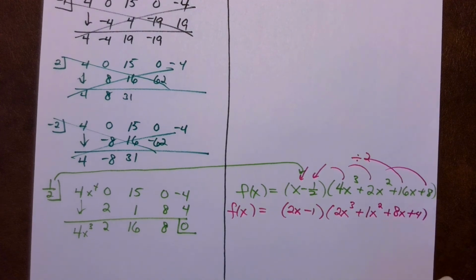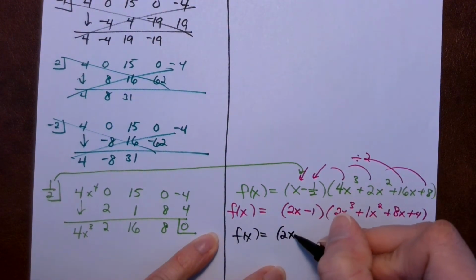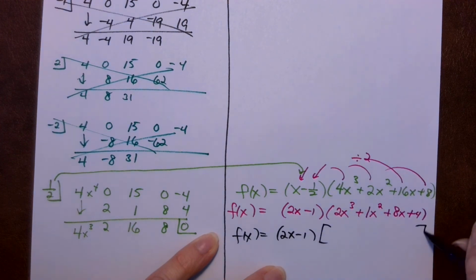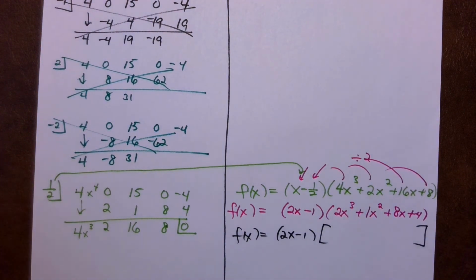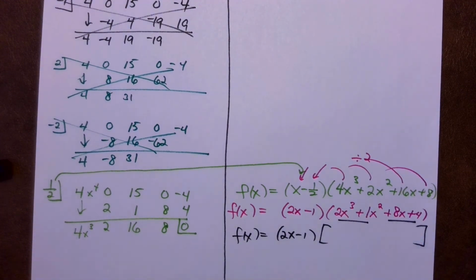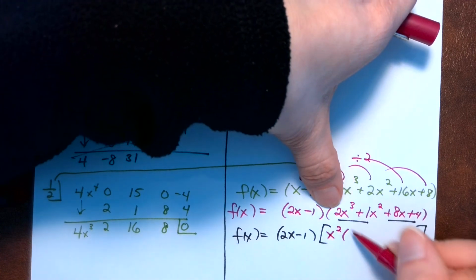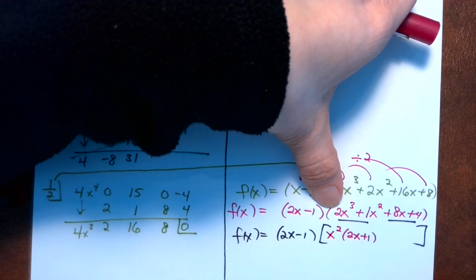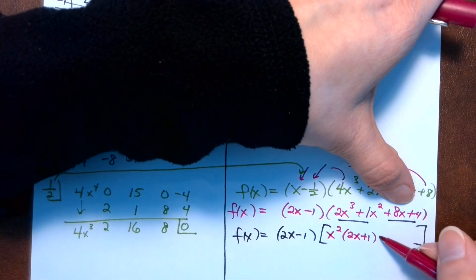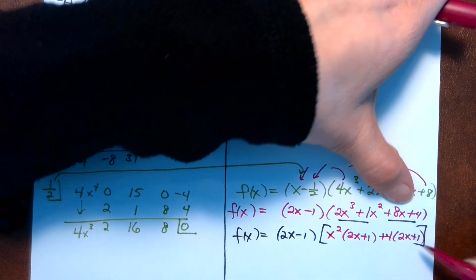All right, we should always try to stop and see if we can factor. I'm going to put some brackets here. From the first group, what can I take out? I can't take out a number, but I can factor out x squared, and that would give me 2x plus 1. From the second group, I'll take out plus 4, and that would give me 2x plus 1.